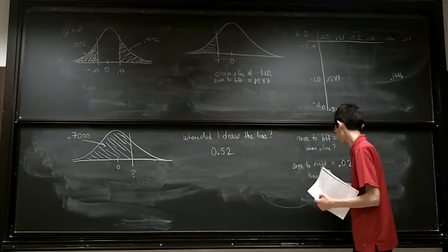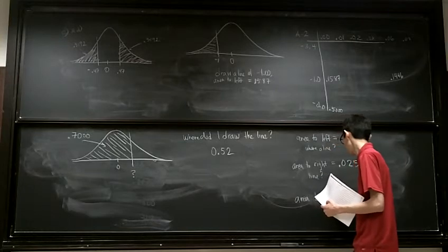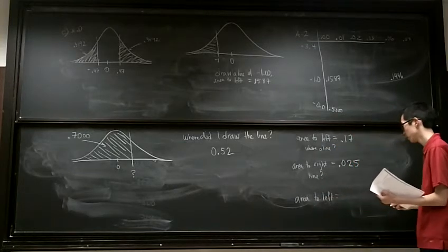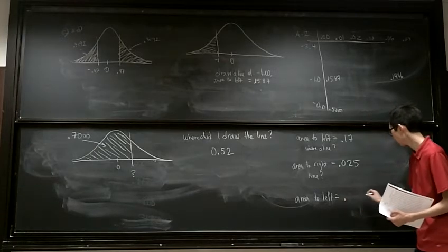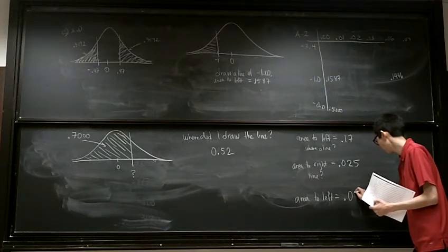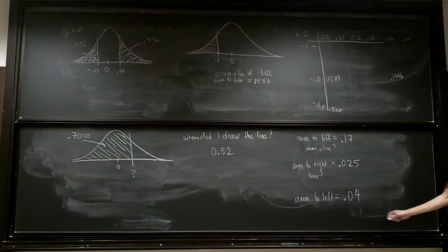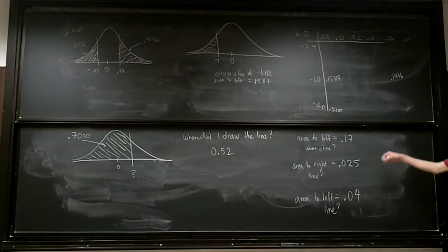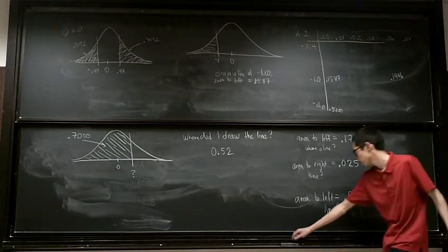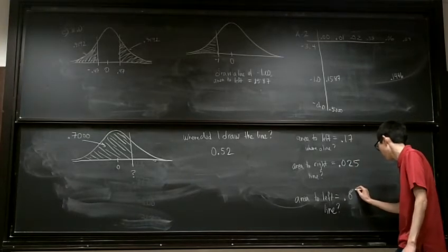Where's the line? And the area to the left is equal to 0.86. Where's the line?